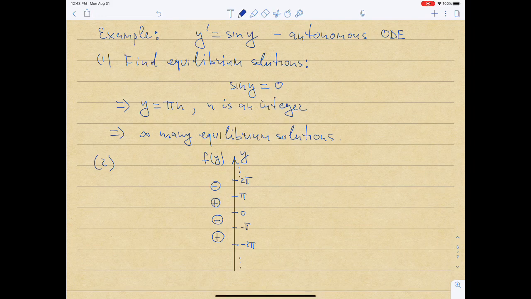Okay, so then what can I say about y prime? y prime is going to have exactly the same signs, minus, plus, minus, plus. And so then y will be decreasing, increasing, decreasing, increasing again.